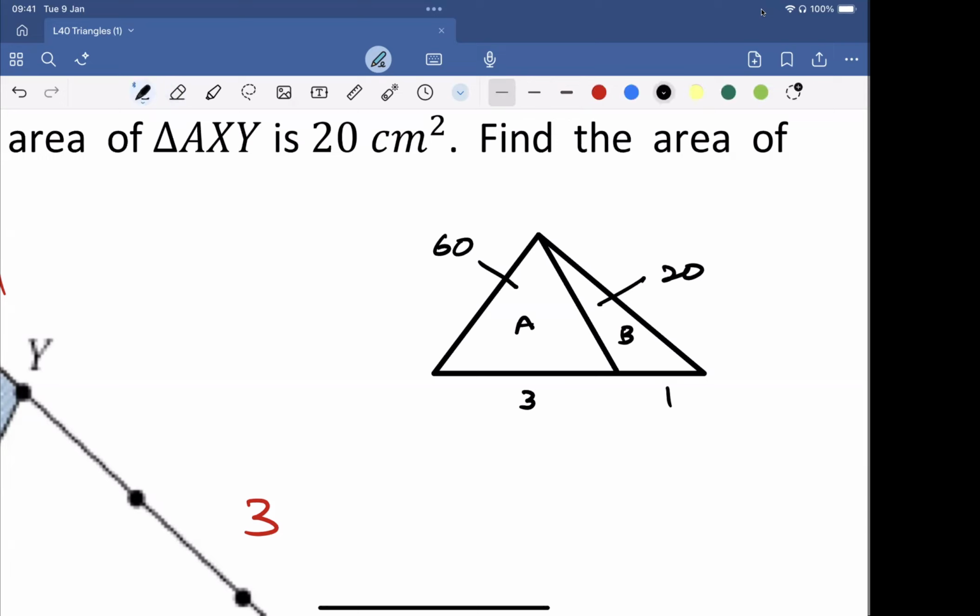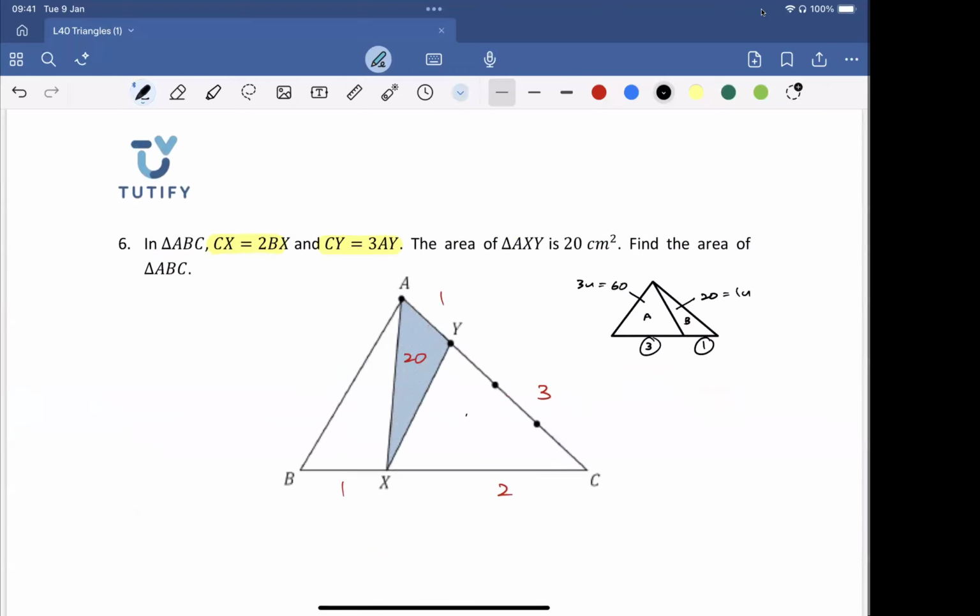Because the ratio of the base is 3:1. So 1 unit is 20. 3 units is 60, right? Tell me, what is the area here? 60. Correct, 60.